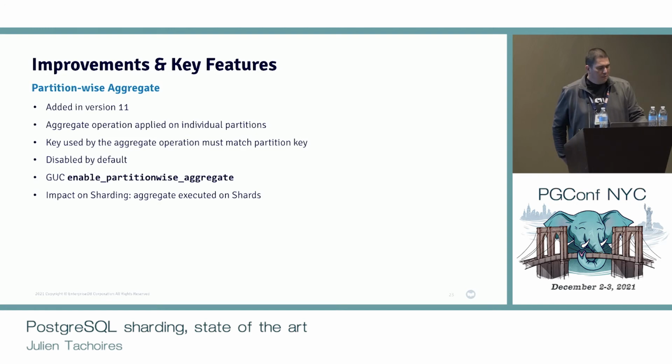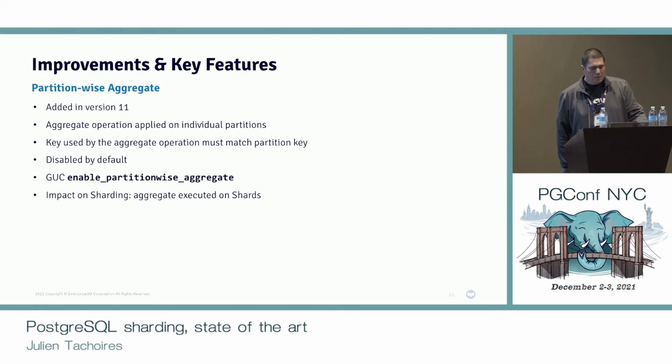Another interesting feature, still in the same fashion, is the partition-wise aggregate. So the principle here is the same as with partition-wise join, meaning that instead of applying aggregate operations at the partition table level, the aggregate operation is executed at partition level only.